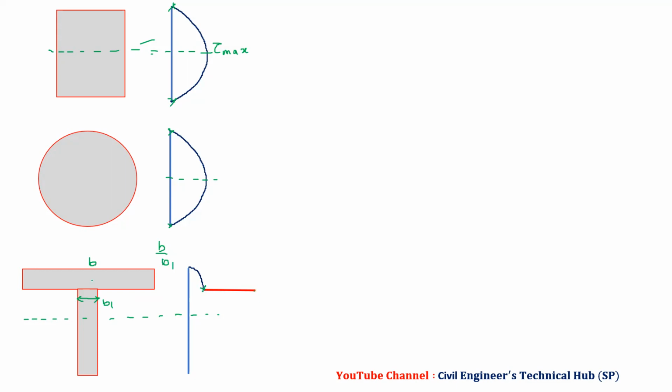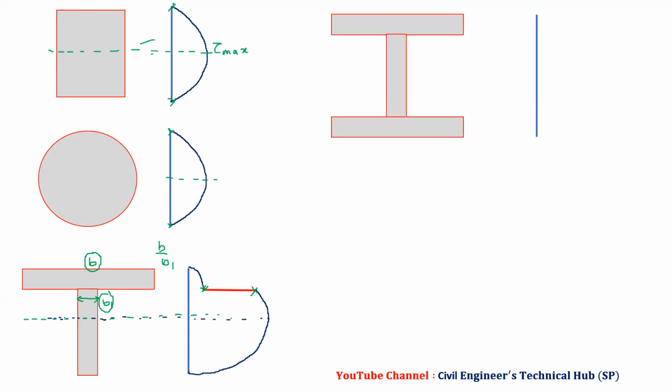So at the junction, we have two values of B: one of the flange, another of the web. The ratio of these gives you the ratio of this stress and this stress. Then we know we have maximum at the neutral axis and 0 at the bottommost. So this will be the shear stress diagram for the T section. You should be in a position to draw all shear stress diagrams. Keep in mind.